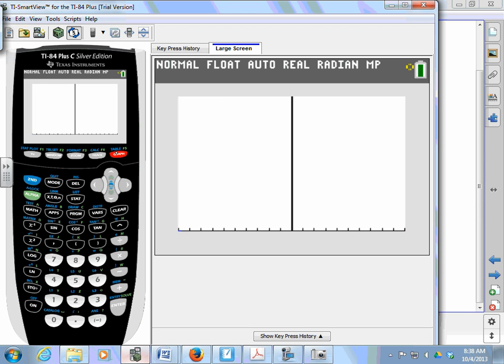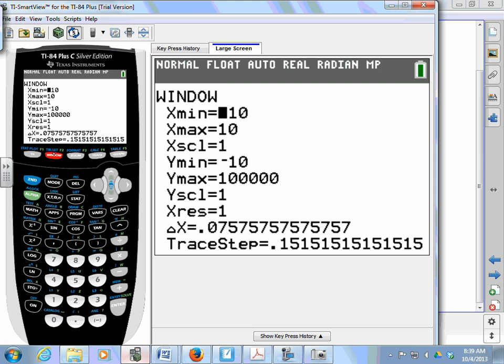All right. Let's see what we get if we graph that then. Okay. So we need to extend our x, right? So let's go to 30.